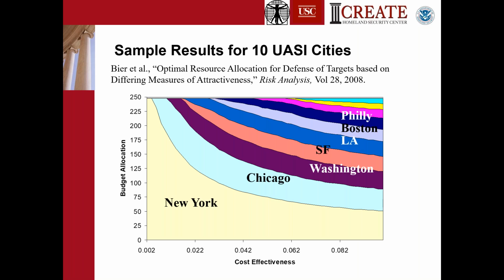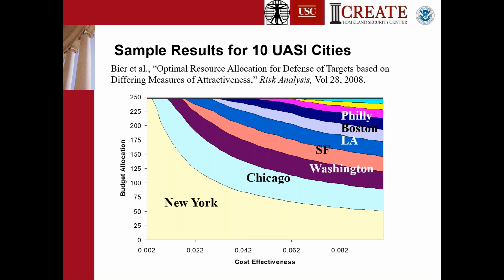This is again a paper that was published in Risk Analysis about 10 years ago, sorry. This shows proposed optimal funding allocations to the top 10 UASI cities in the Urban Area Security Initiative. And you can see from this picture, at the left, the x-axis is the cost effectiveness of our defenses, and the y-axis shows budget allocation.